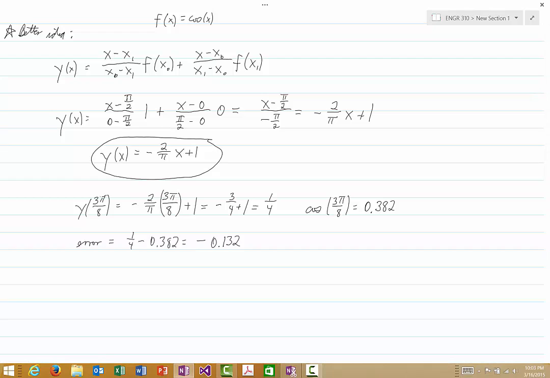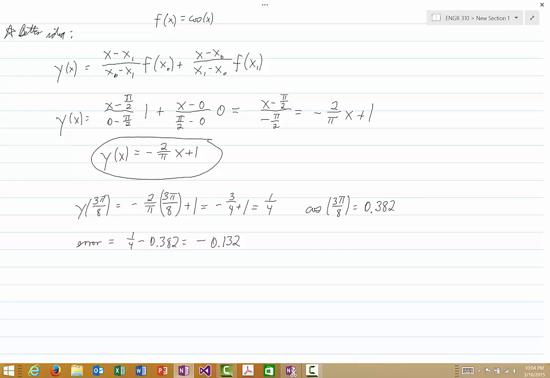And that is a 34.5% error. So that is a fairly significant error that we have in using this linear interpolate.